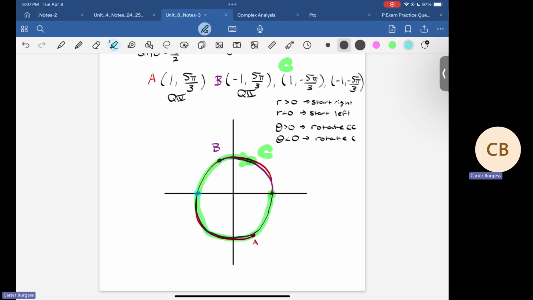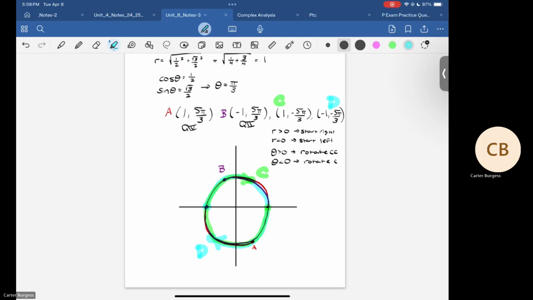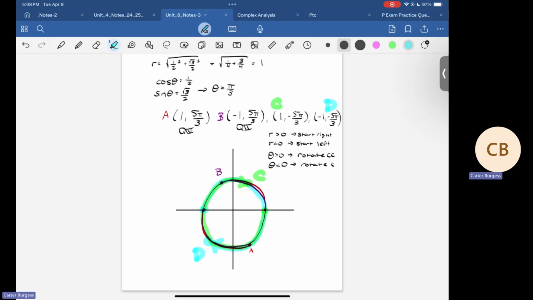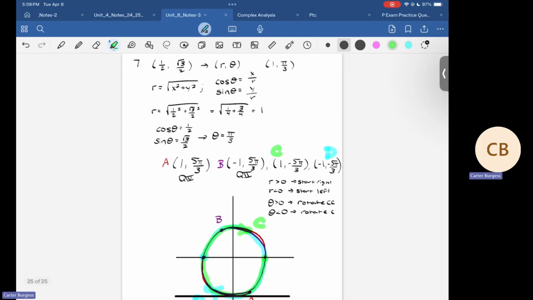And for D, starting here, rotating counterclockwise, passing through 1, 2, 3, and then stopping right here. This would be D. Okay. So in this case, the quadrant 1 point that we're looking for is this particular value.